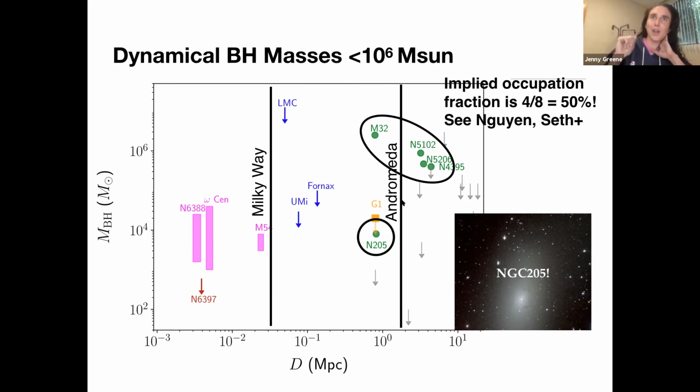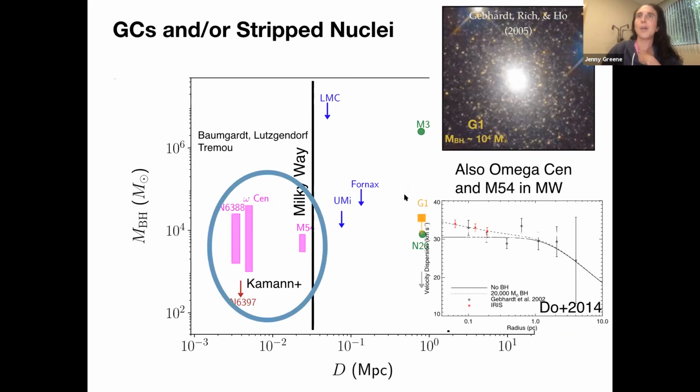These statistics are not overwhelming, but it's a tremendous amount of work that people have done, fighting against spatial resolution to get these measurements. Just to emphasize why the globular clusters are so hard, this is G1, which is a massive globular cluster in Andromeda. The papers from Karl Gebhardt and collaborators claim a 20,000 solar mass black hole, really based entirely on this point.